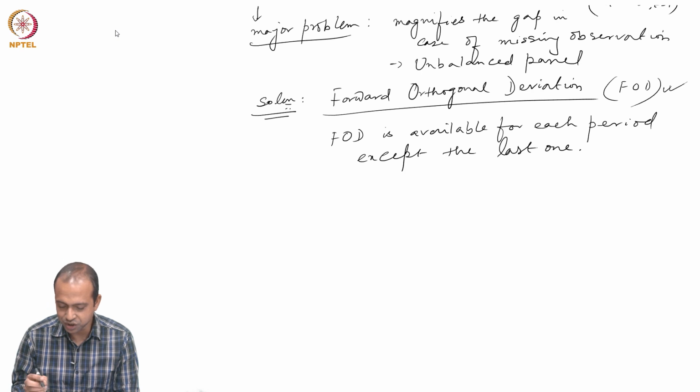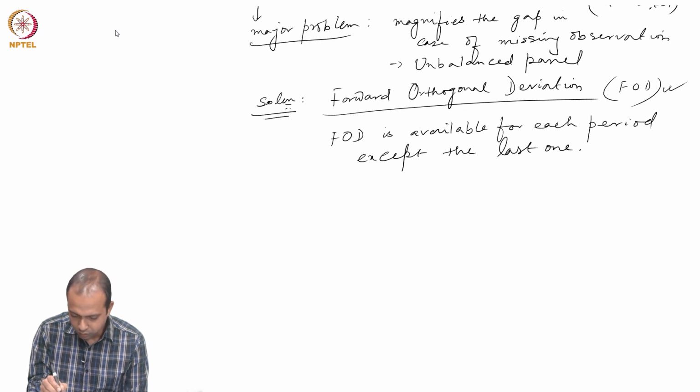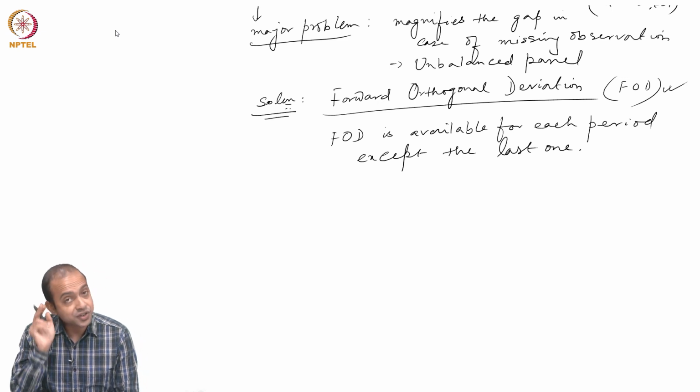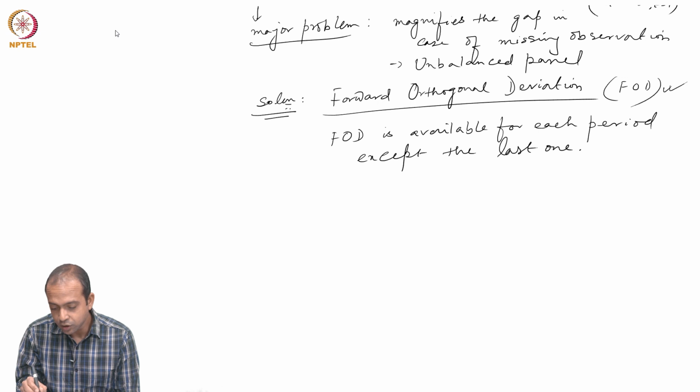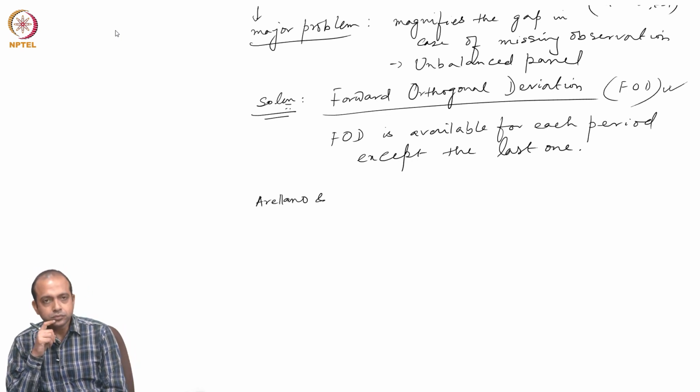And that estimation, that means Arellano and Bond (1991), when you take the first difference and then use yit-2 as IV, is basically called the difference GMM. Okay.